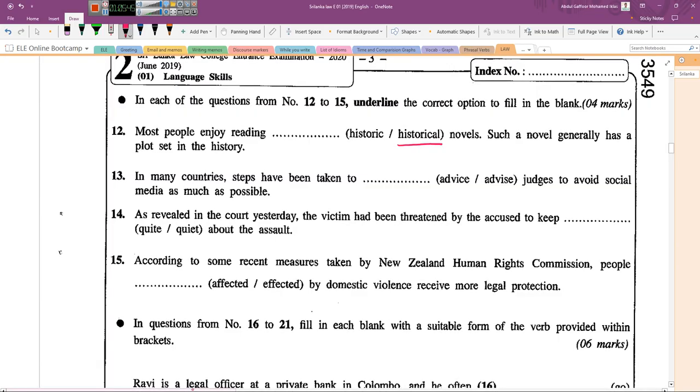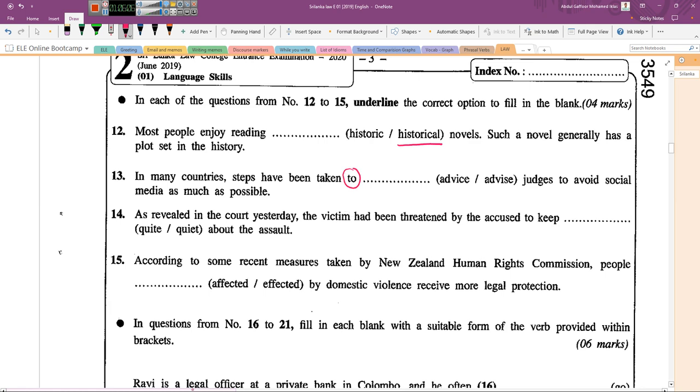Right. The next question is, in many countries steps have been taken to advise judges. Now you see here, after the to-infinitive we will always put a verb.